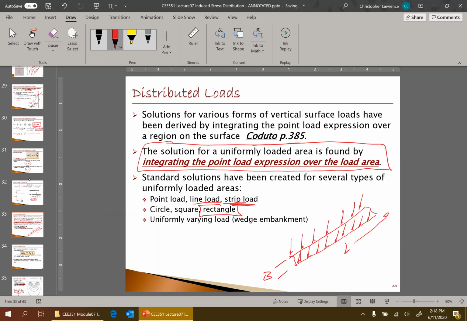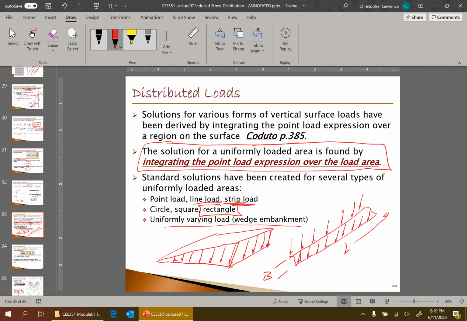Uniformly varying loads, like a wedge embankment, something in 3D that looks like this. We could have loads that are linearly increasing, like a wedge load. So different people have done these integrations. Okay, so let's take a look at each of these.